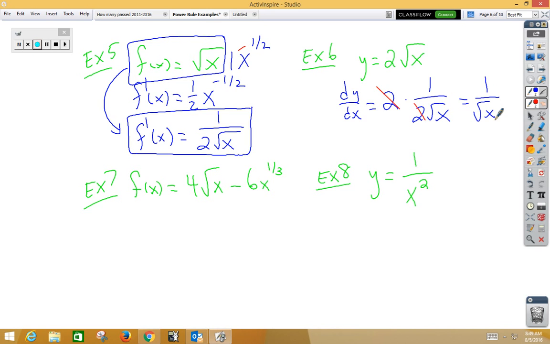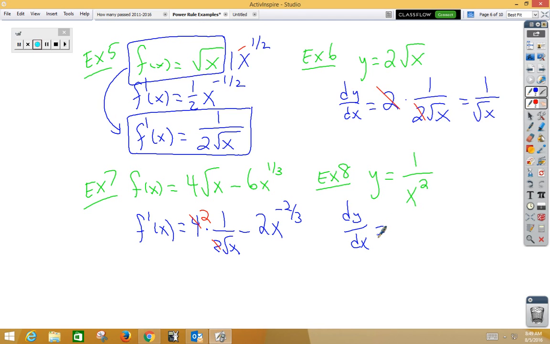In my next example, f prime of x is equal to, again we have the square root function, so 4 times 1 over 2 root x. 4 and the 2 can cross cancel, minus, and now we've got 6 times 1/3 is 2x to the negative 2/3 power.